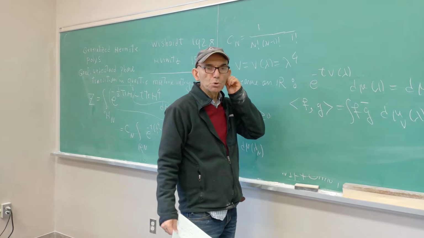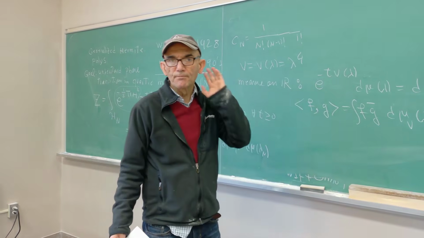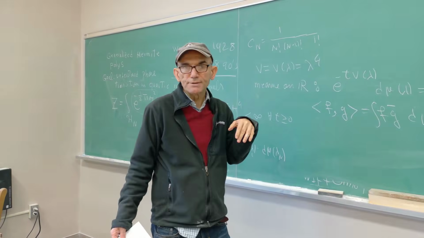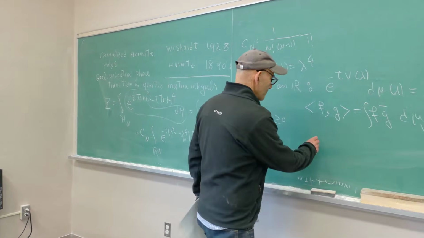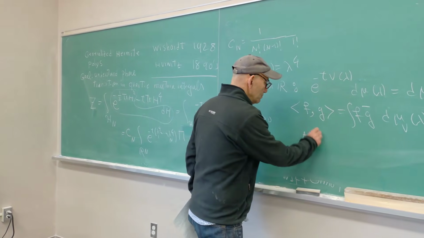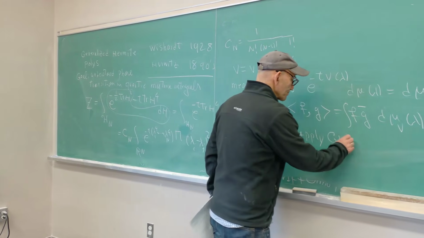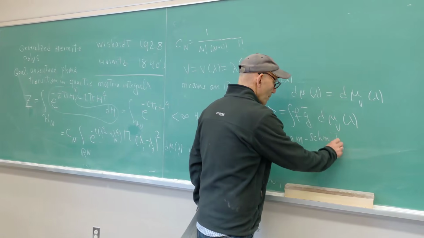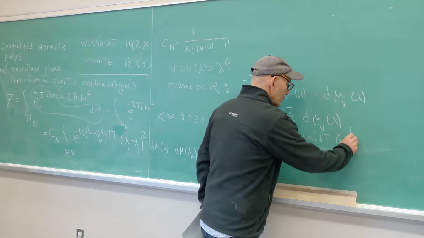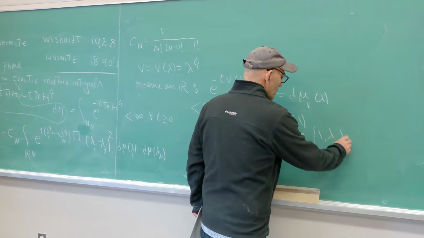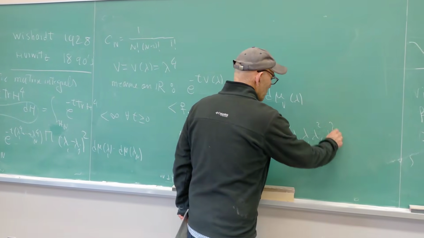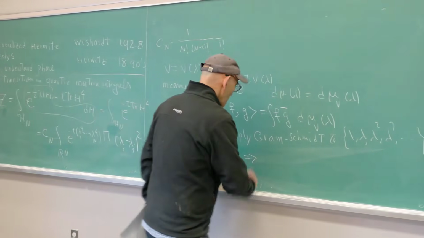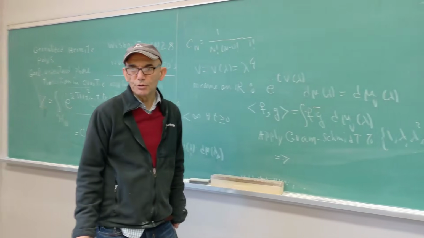And then you can use again this Gram-Schmidt process. Apply Gram-Schmidt to this sequence 1, lambda, lambda squared, lambda cubed. And then you get the quartic Hermite polynomials.